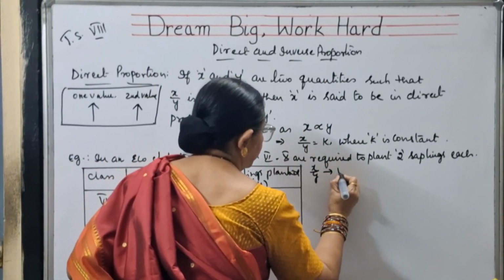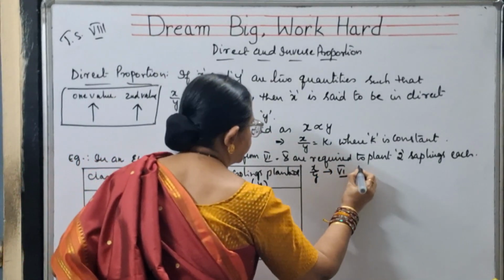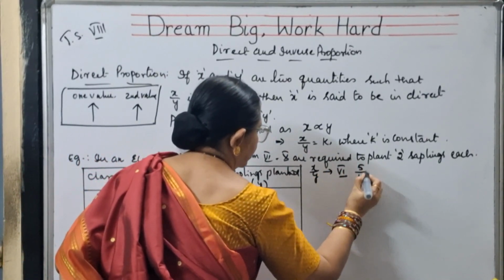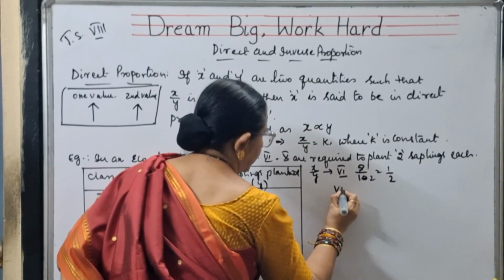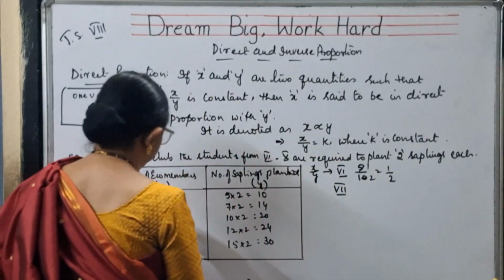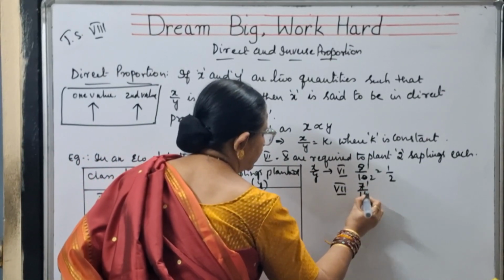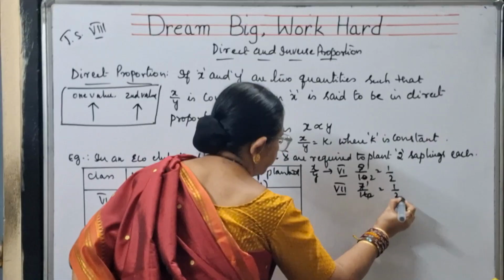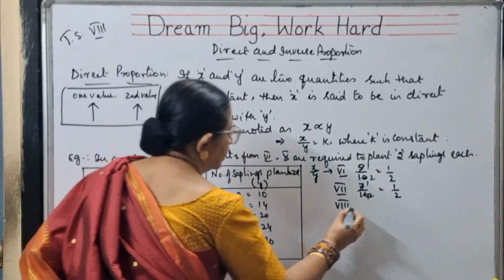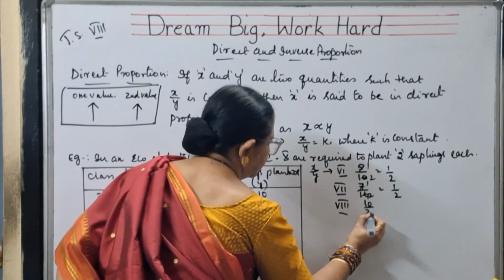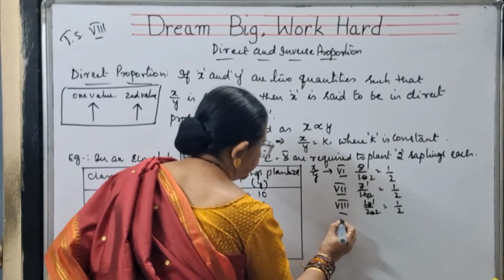x by y for 6th class. How much x is 5, by 10, that is 1 by 2. And for 7th class, 7 by 14, it is also 1 by 2. For 8th class, 10 by 20, that is also 1 by 2.